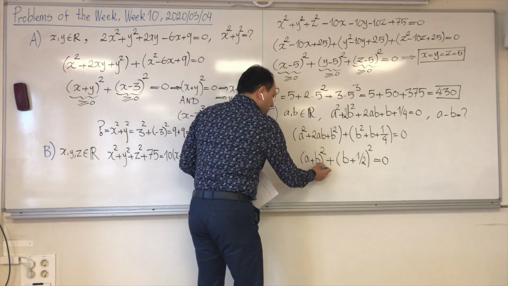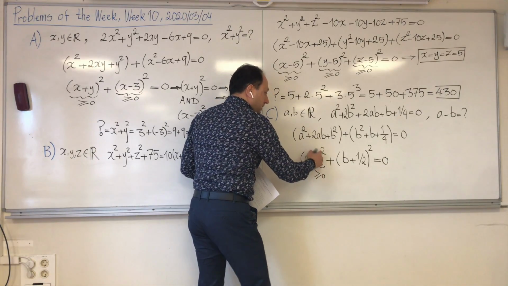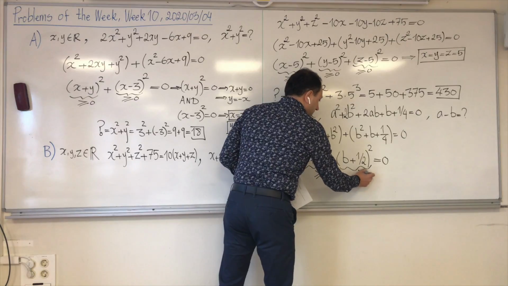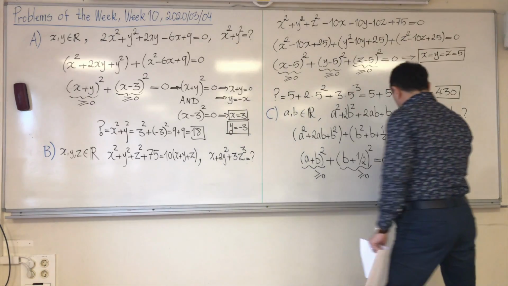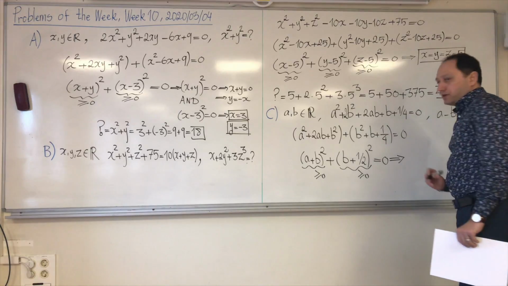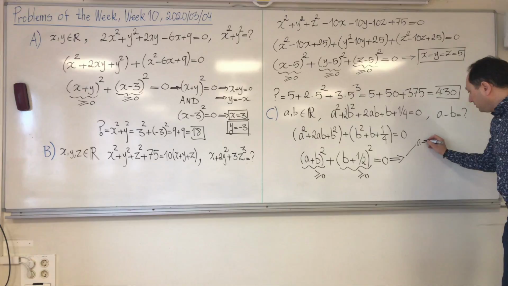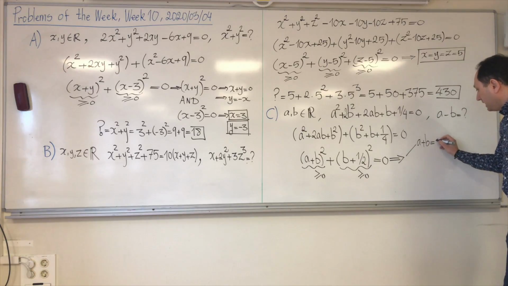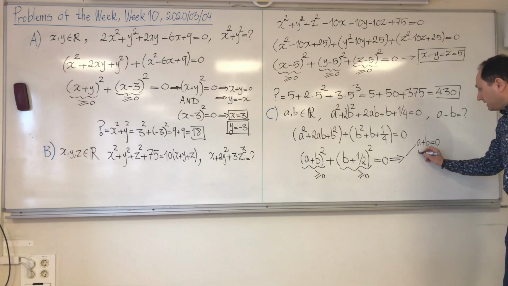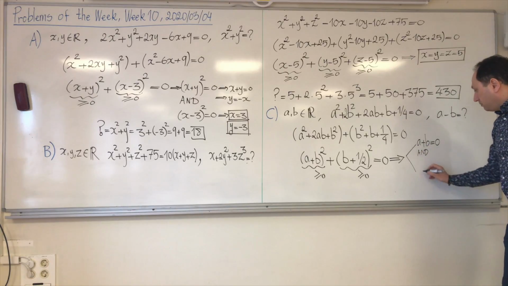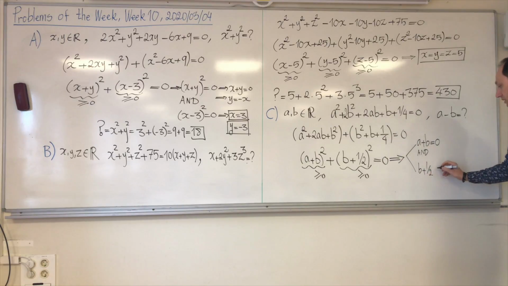Again, this is non-negative because of this even power, and this is also non-negative because of the even power. So I can immediately conclude that what happens? (a + b)^2 is 0, which means a + b itself has to be 0, and (b + 1/2)^2 is equal to 0, so it means b + 1/2 itself is equal to 0. So this implies that b is −1/2.